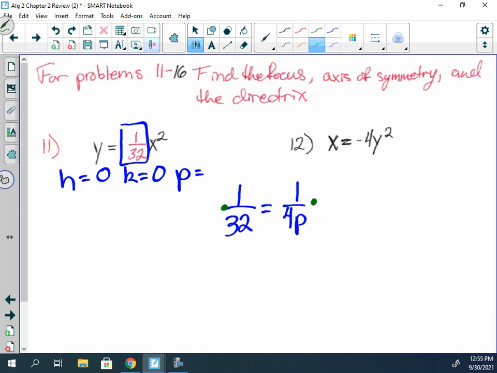Our next step is to multiply both sides by 4p. Now the 4p and 4p will cancel, which tells me that this is equal to 1. Now we will have p in the numerator, but what's 4 times 1/32?